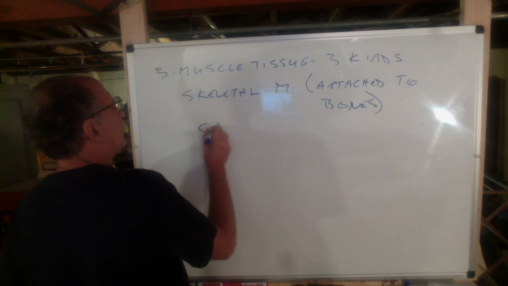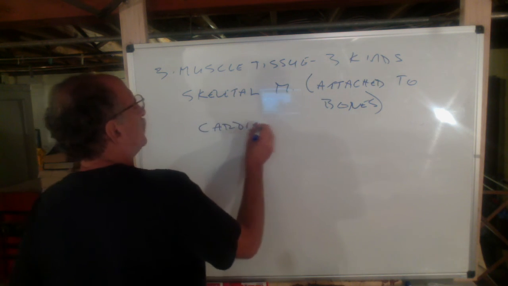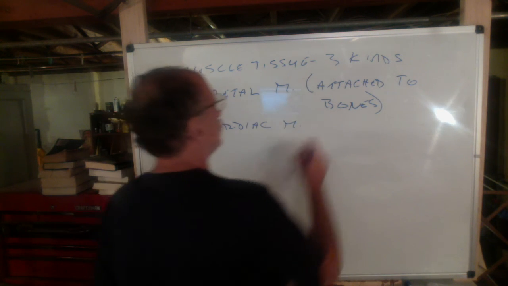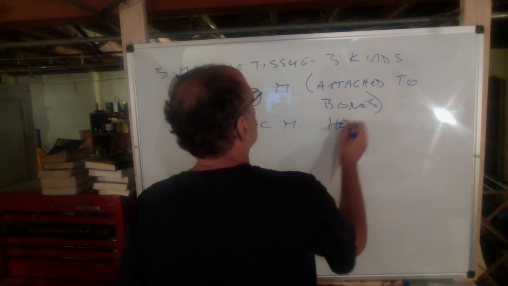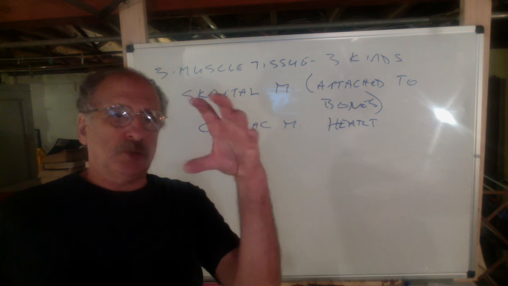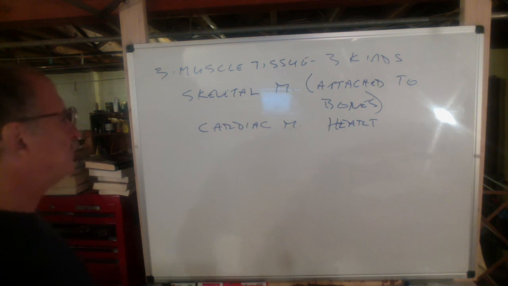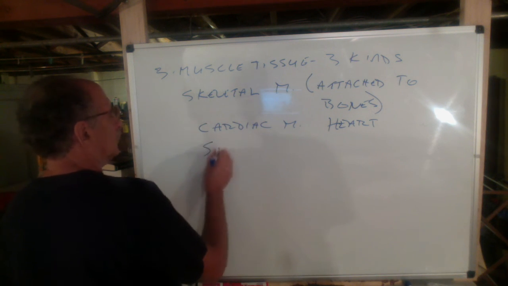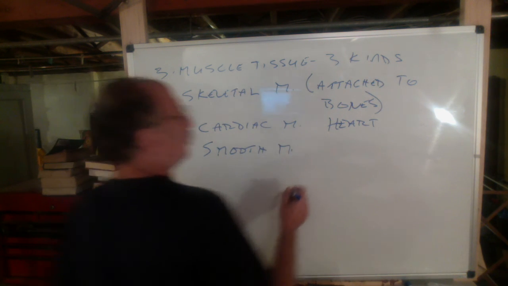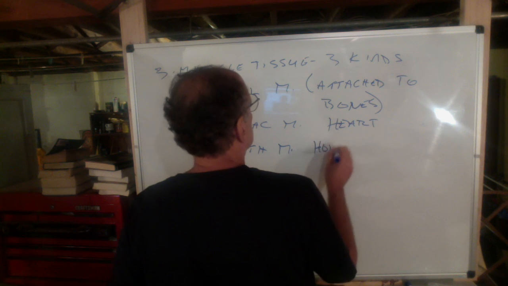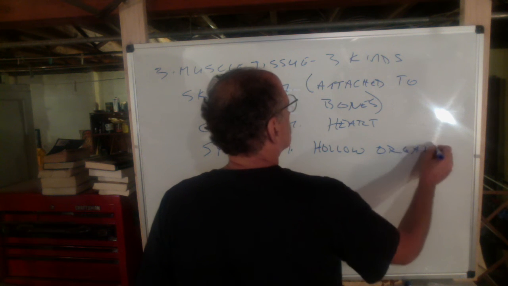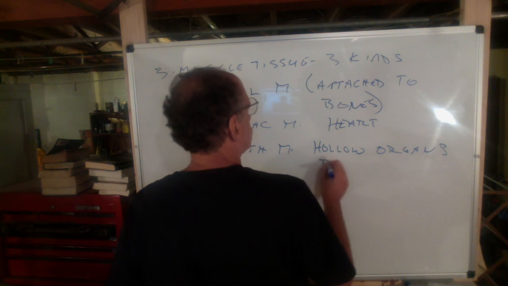There's cardiac muscle. Where would that be? Hopefully you recognize that would be in your heart. When those cells shorten, they make your heart squeeze and pump the blood. Smooth muscle is in the walls of hollow organs, blood vessels.